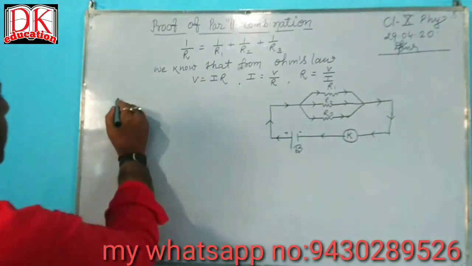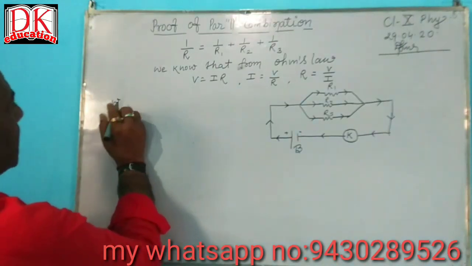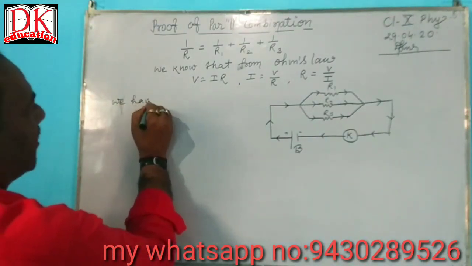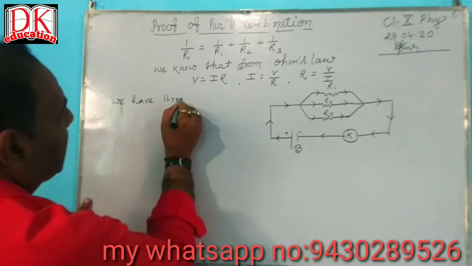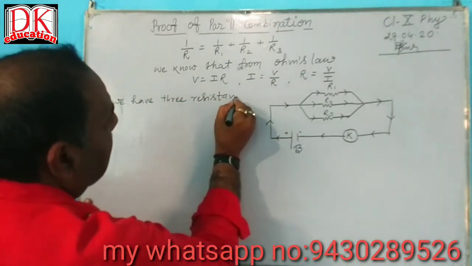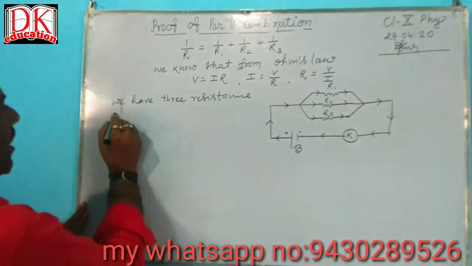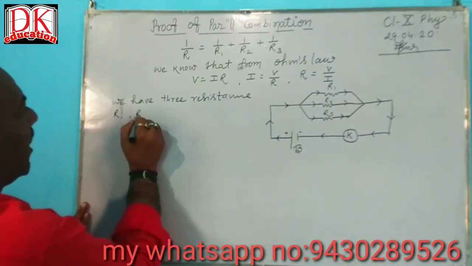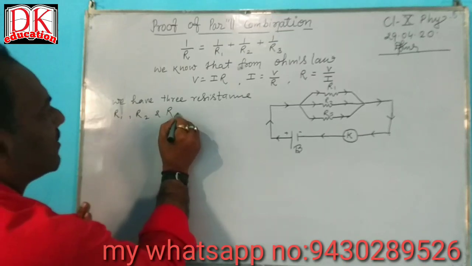We have three resistances, R1, R2 and R3.